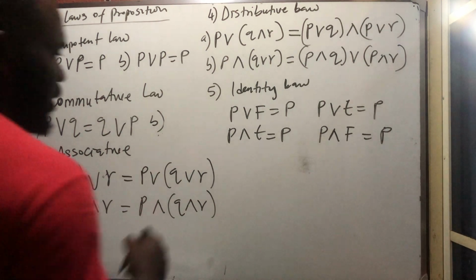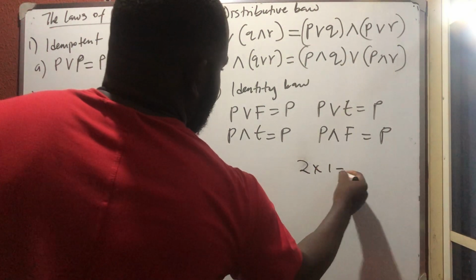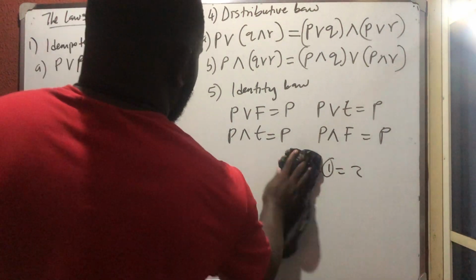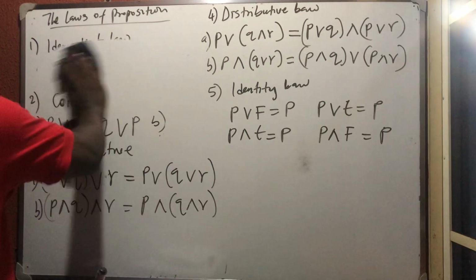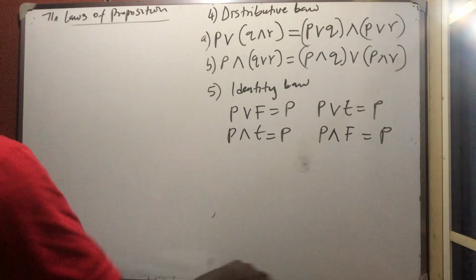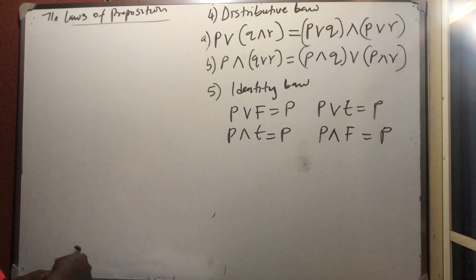That is like 2 times 1 is equal to 2, so 1 is an identity element for multiplication. And for addition, 2 plus 0 is still 2, so 0 is an identity element for that.